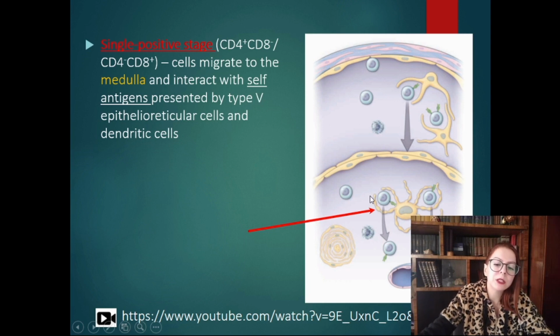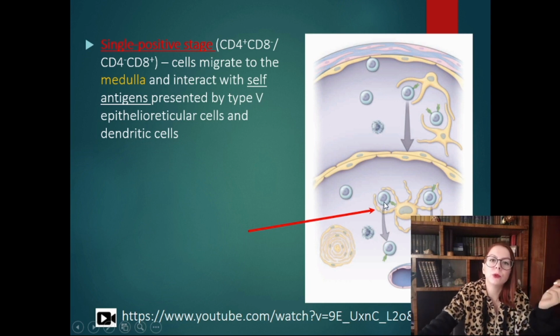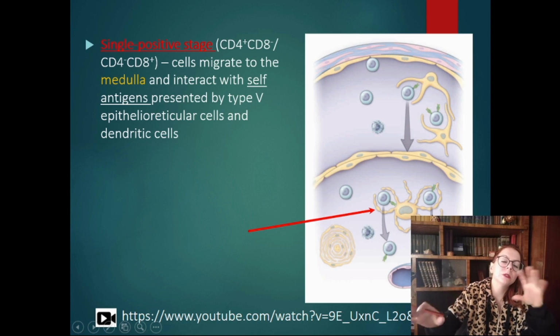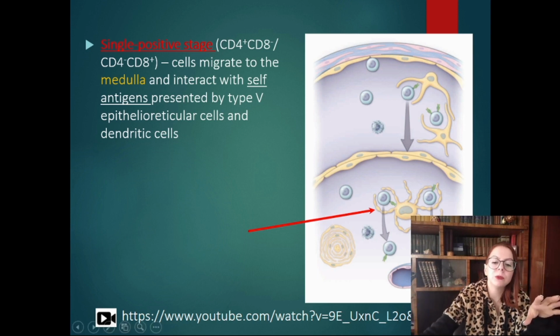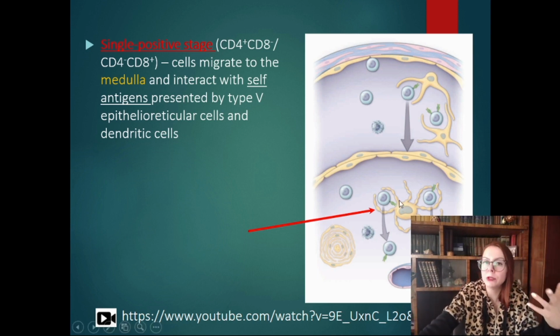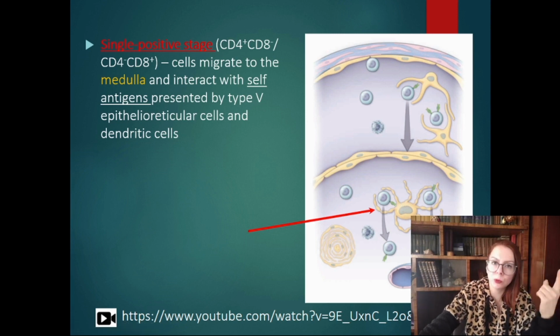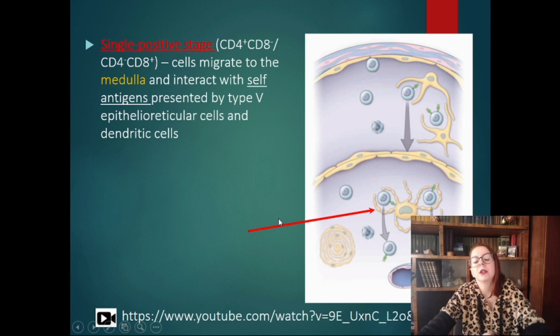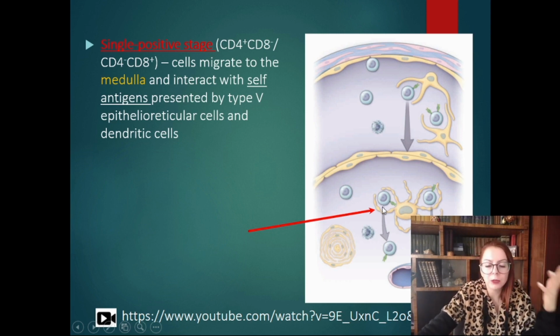So cells lose either the CD4 or the CD8 receptor. They are now divided into two groups, killers and helpers. So in the medulla, they are almost mature and they expose only one receptor. They are specialized. They've already chosen their fate, and decided whom to be, helper or killer.